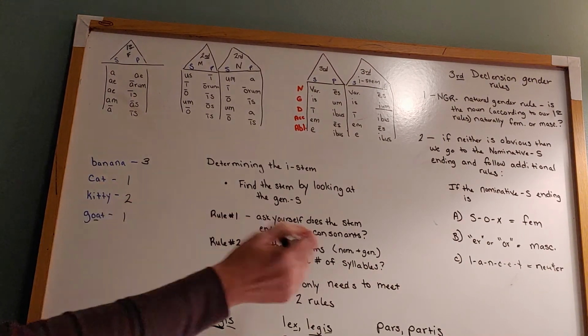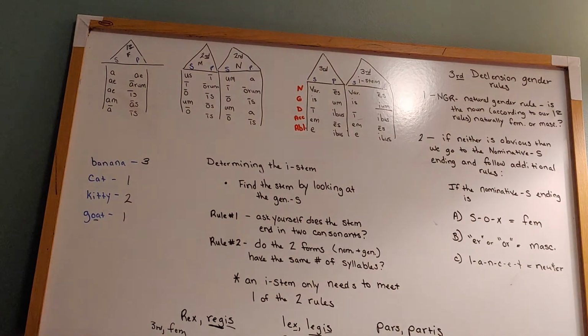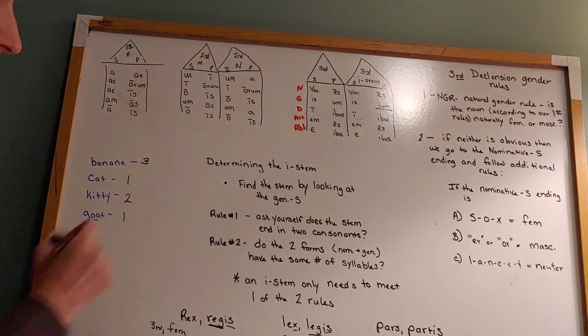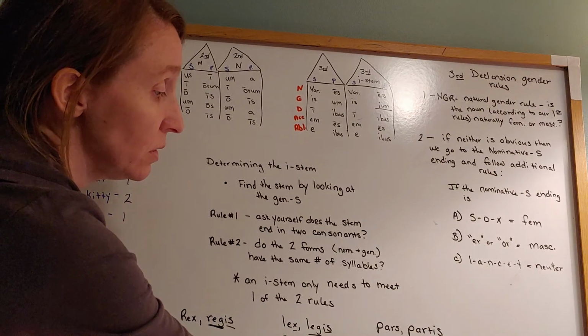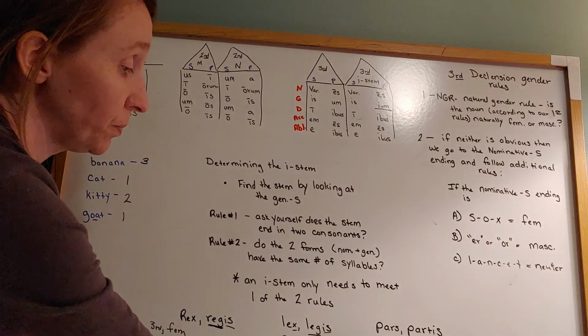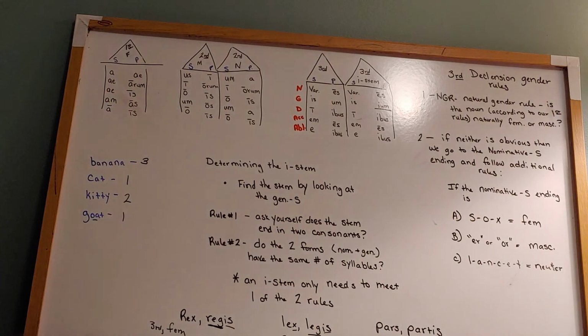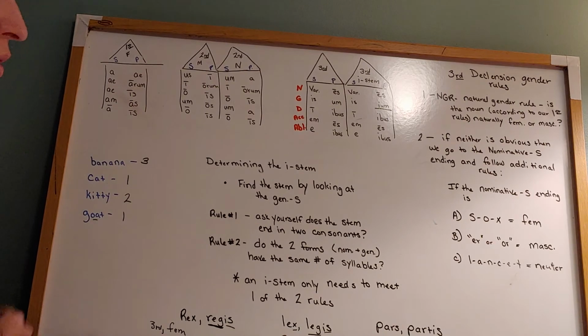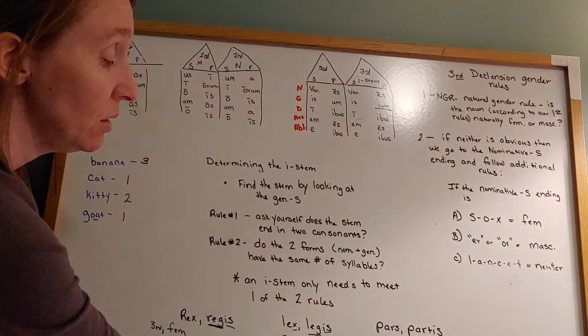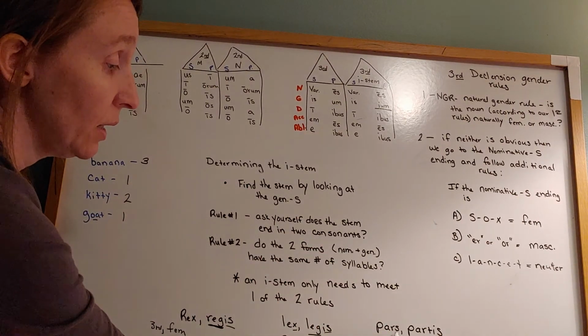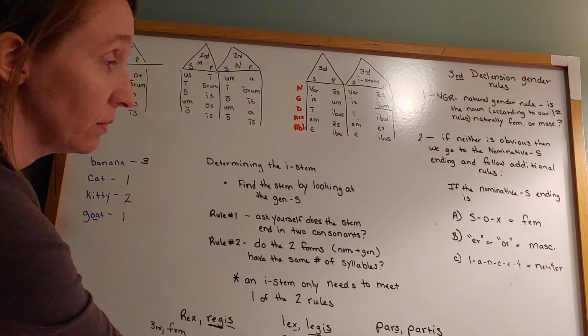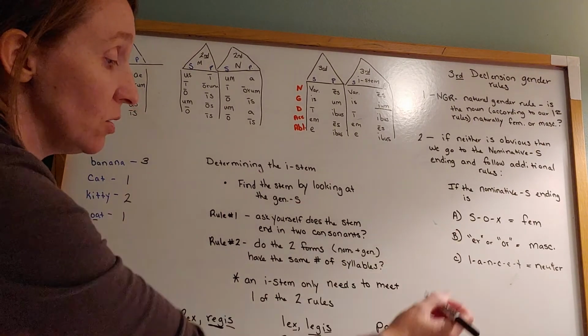Now let's look at our third word. We have pars and partis. I'm looking at the genitive singular to find my declension. And now I'm trying to find out what my gender is. So I'm going to look at my nominative singular, and it ends in S. So again, that tells me that's feminine.